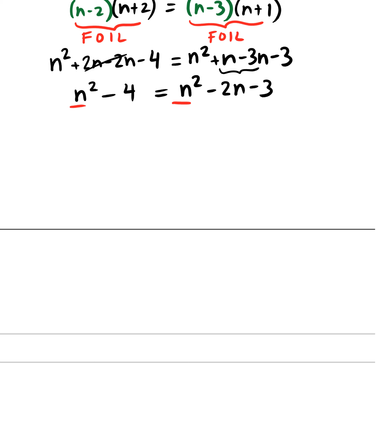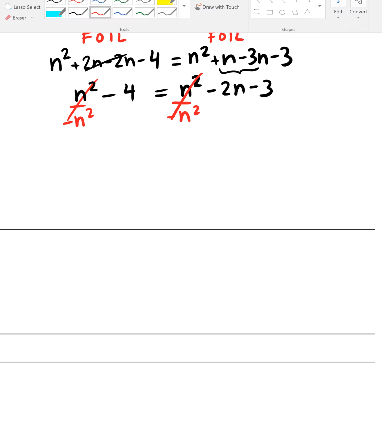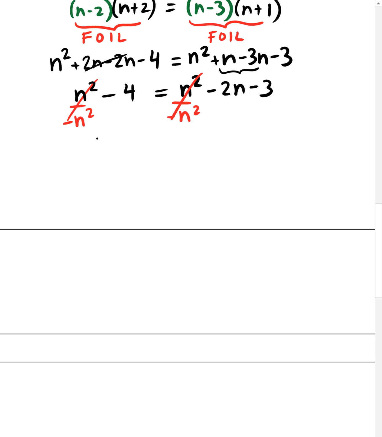Like, let's say I subtract this n squared to move it over. N squared is actually just going to cancel with this n squared. So at first I thought I probably have to factor this, so let me get everything on one side. But as I started to get everything on one side, I realized the n squareds are going to cancel. And now that there's no n squared, there's only an n and constants, I realize I don't have to factor, as a matter of fact.